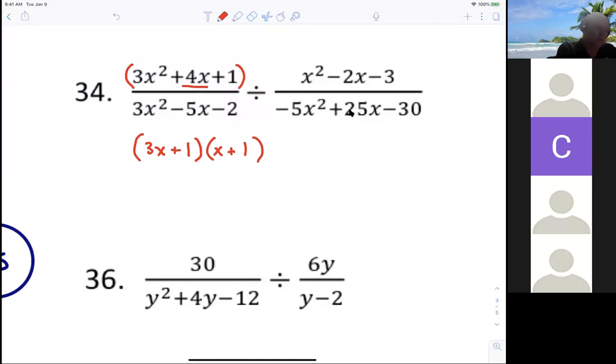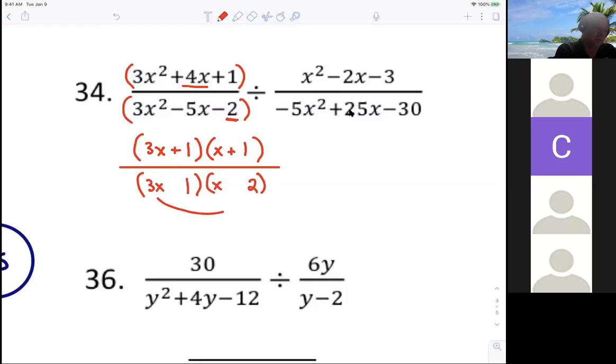Okay. Now we're going to look at this denominator. The only way I can make 3x squared is with 3x and x. I'm going to put 2 here, 1 here. I'm going to look here. That's 6. And 1 makes -5 if this is negative and that's positive.